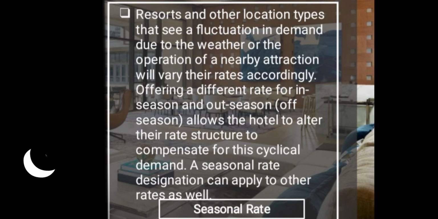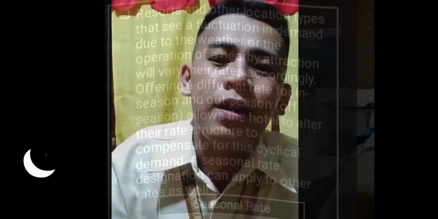So, with fluctuating demand, they change the rate, usually seasonally, offering different rates for in-season or off-season. So the seasonal rate depends on the demand, either in-season or off-season. If the demand changes, the tendency is that they change their rate, using either in-season or off-season, depending on where the demand is strongest, like a center of attraction. That's all.